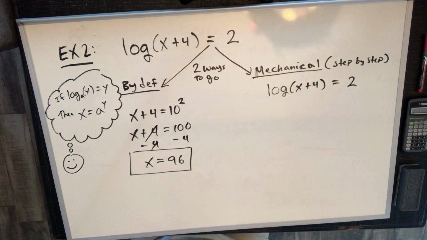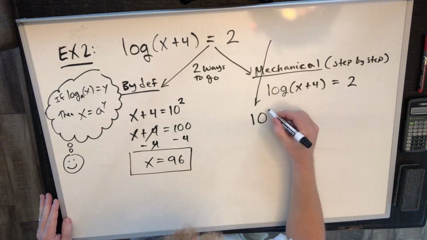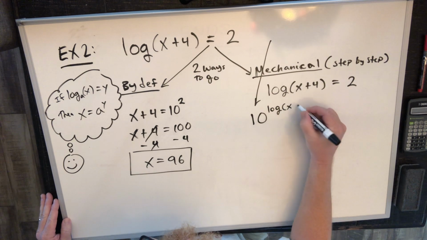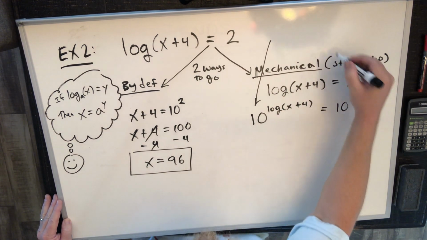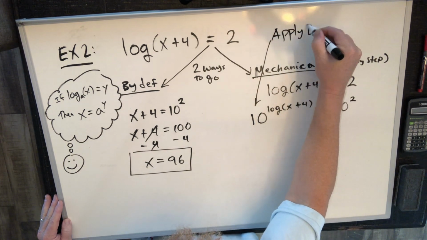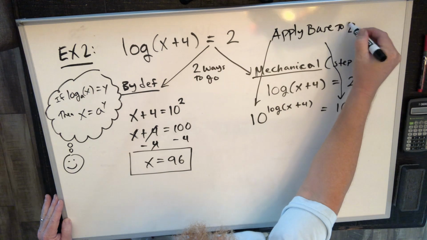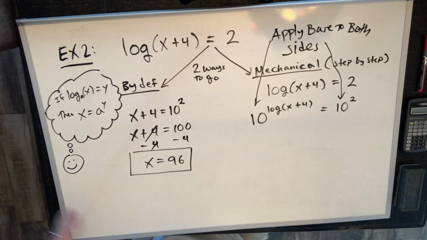If you don't see a base, you assume it's a 10. You apply the 10 to both sides. So you apply the base to both sides.